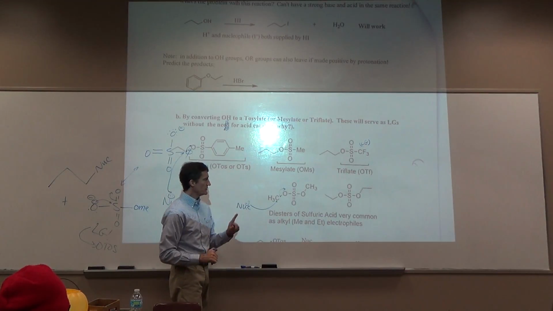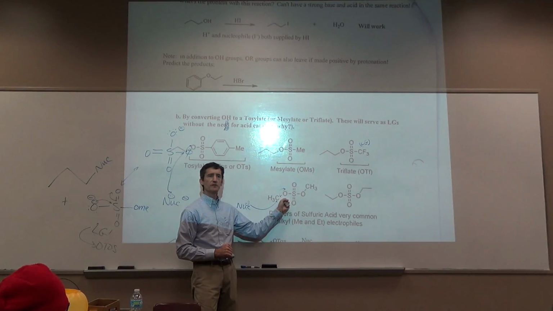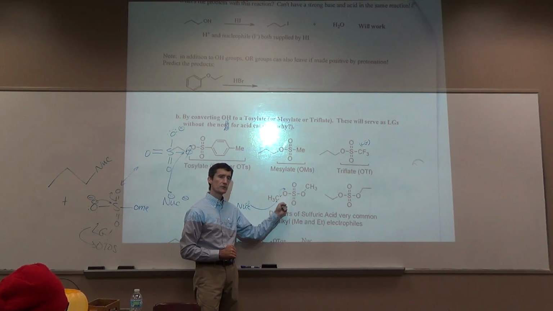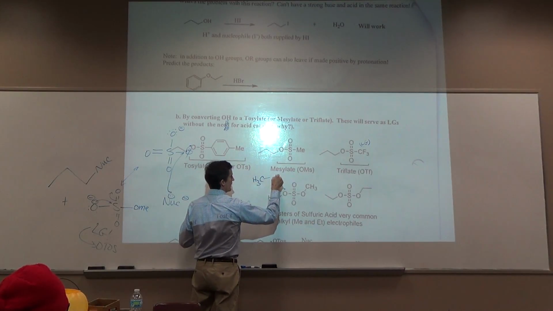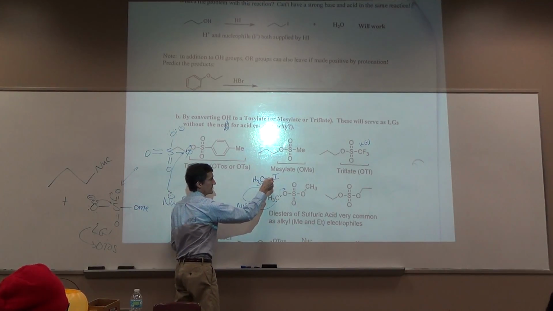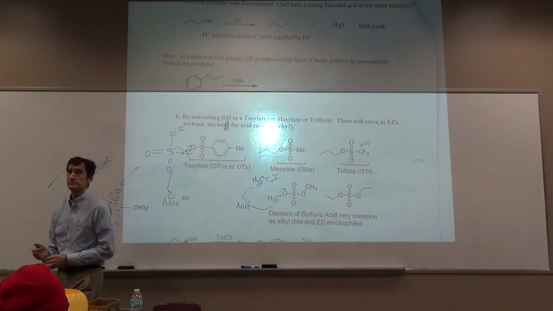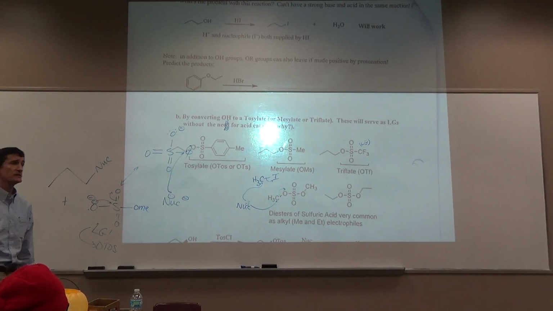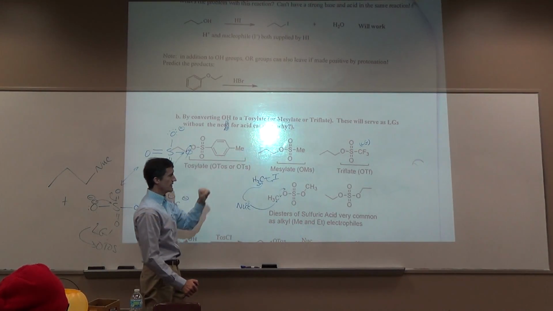But the reason I show these is because, especially dimethyl sulfate, this is very cheap and very commonly used. You can buy a big jug of this because it comes from sulfuric acid. Now you could also maybe use methyl iodide. You could attack the carbon and kick off that leaving group. Methyl iodide is actually expensive, whereas dimethyl sulfate is very cheap. But these are analogous to tosylate.